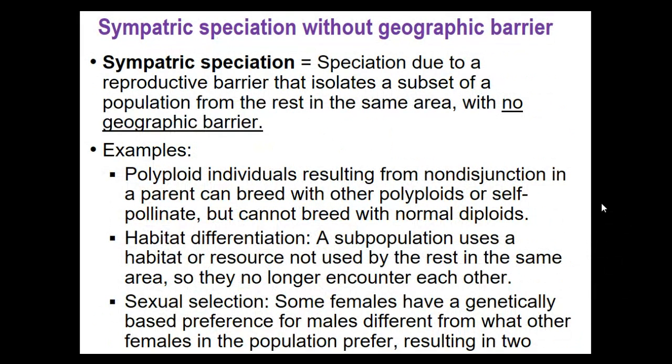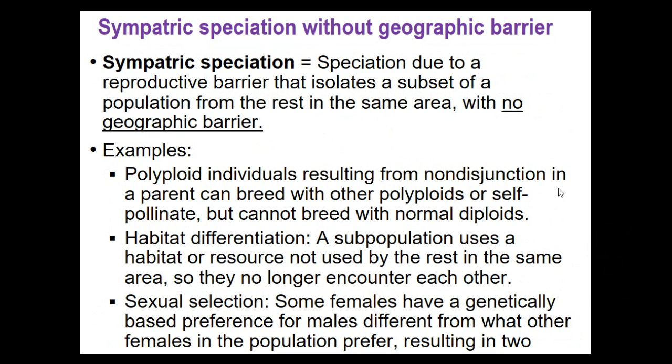Okay, so we're talking about allopatric speciation, a speciation that's caused by some kind of geographic barrier, an actual physical separation of a population, dividing it into two populations that evolve differently. Sympatric speciation. Sympatric means in the same place.